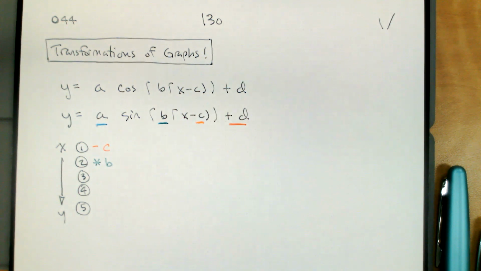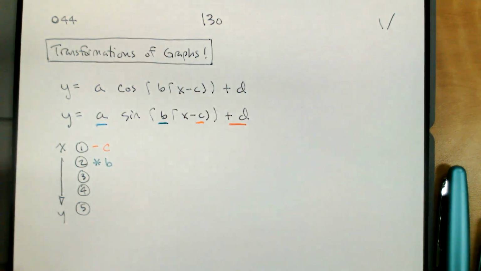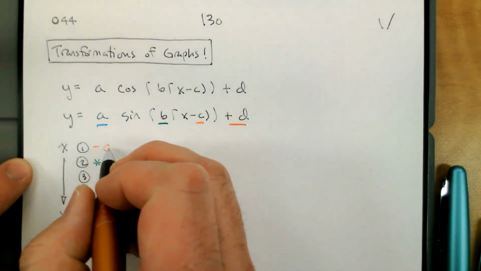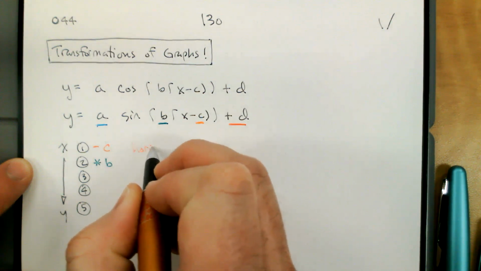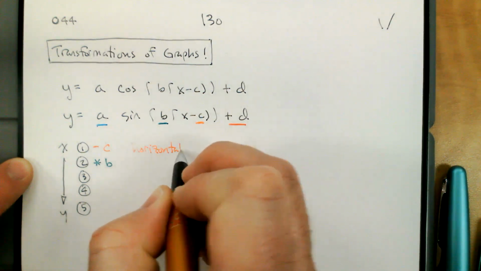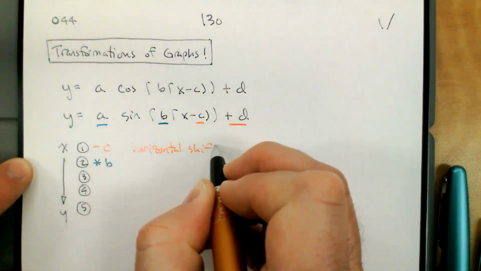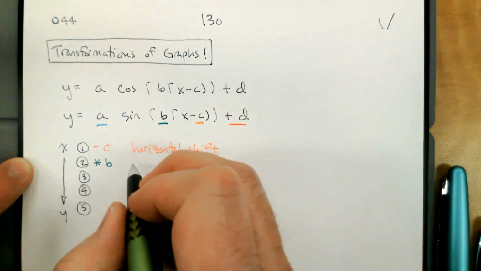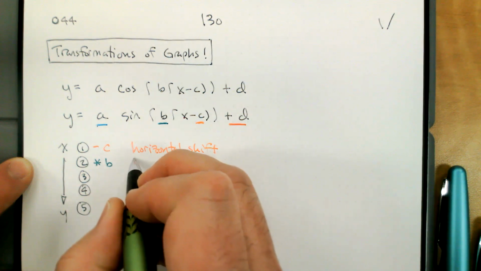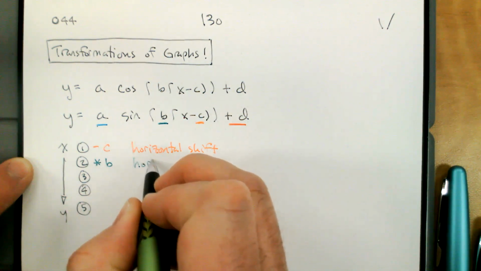This is a multiplication that happens before the trig function. So since this is addition and before, it's a horizontal shift. Multiplying by b is a horizontal stretch.